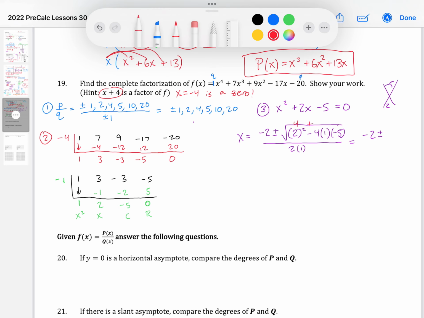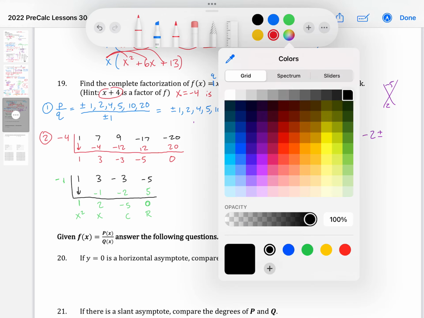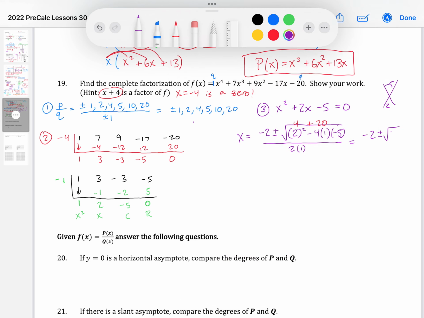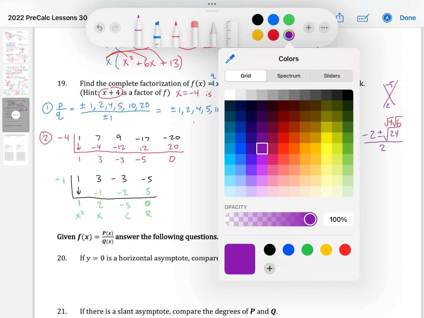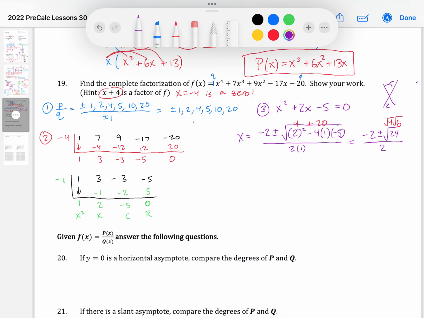This is 4 plus 20. So that's going to give you 24 for the root part. And then that's all over 2. And then you can break up root 24 into root 4 times root 6, which then that is just 2 root 6.